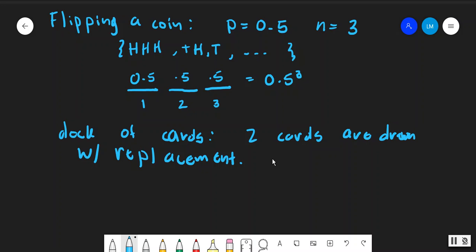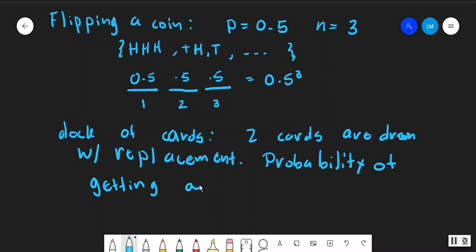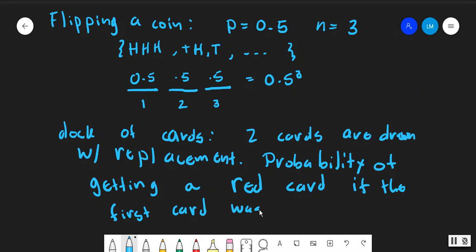So we might say the probability of getting a red card if the first was also a red.